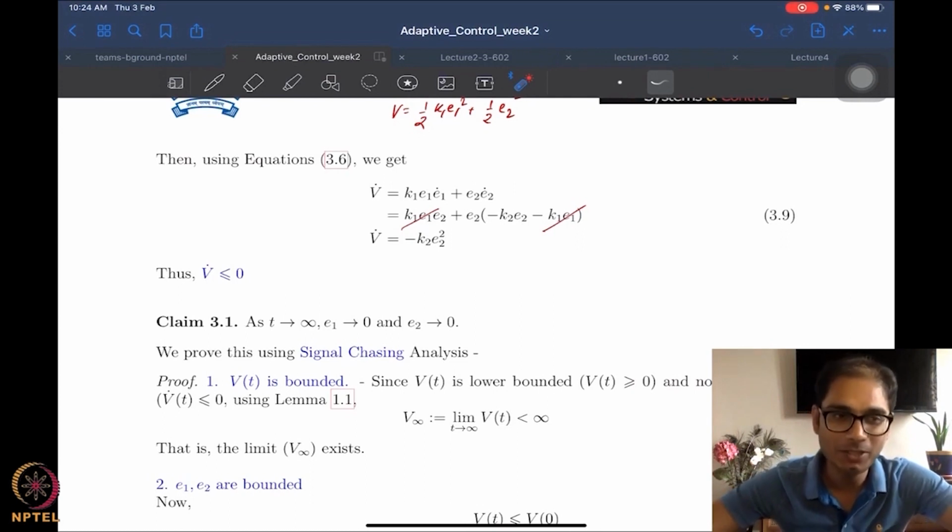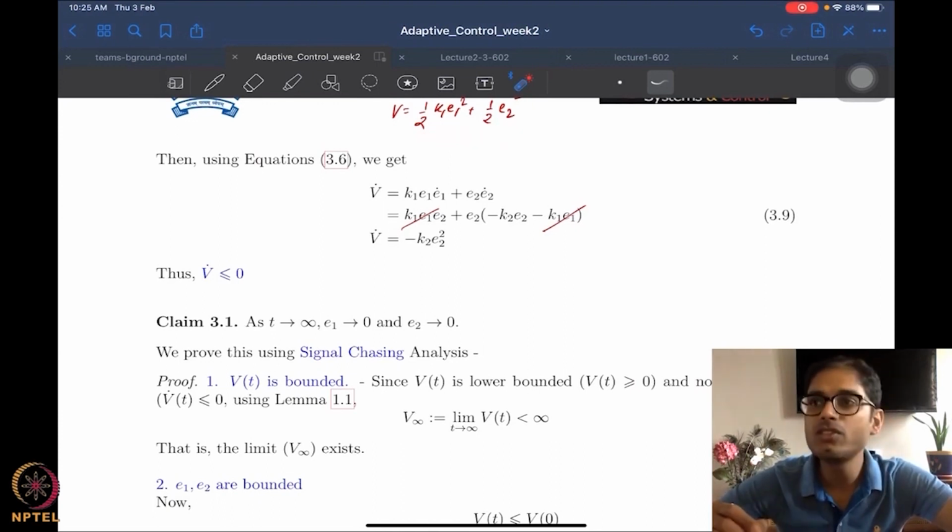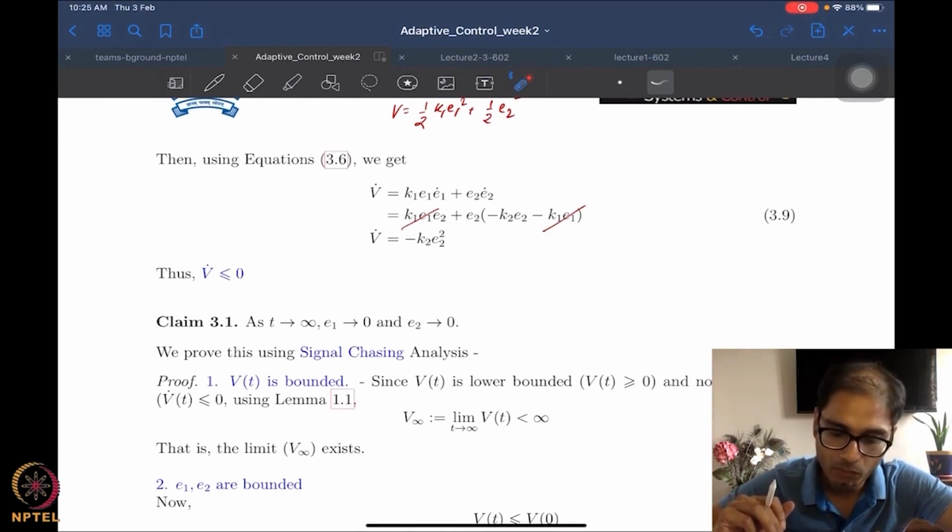I'm just calling it my smart choice to tell you that if you are dealt a new problem, which is not a spring mass damper, something more unusual, then you will have to make a smart choice. So due to this nice choice of V, we get cancellation of these two terms, and I'm left with minus k2 e2 squared.